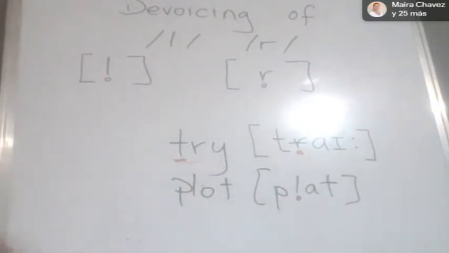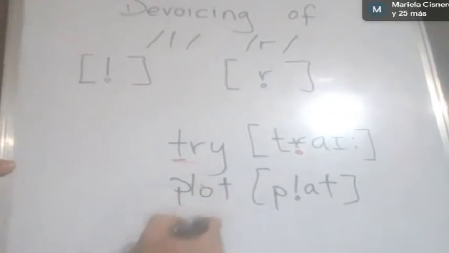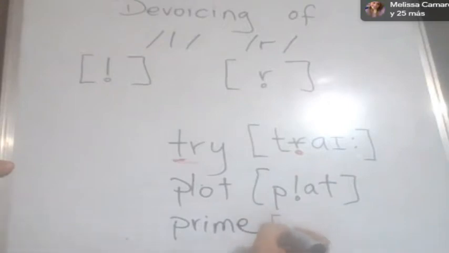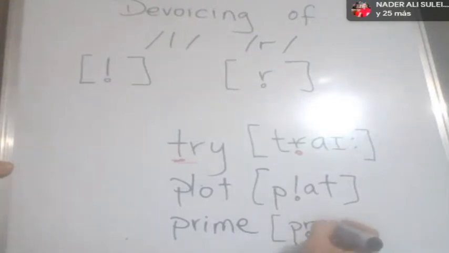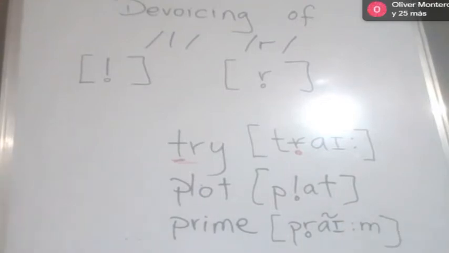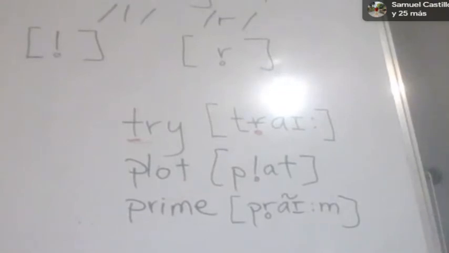Plot. I can say prize, or let's say prime. I chose prime to remind you of a couple of things that go on here. Can you see? It gets devoiced.